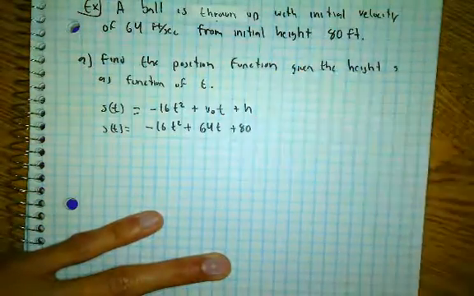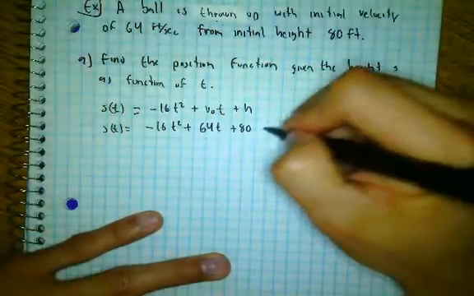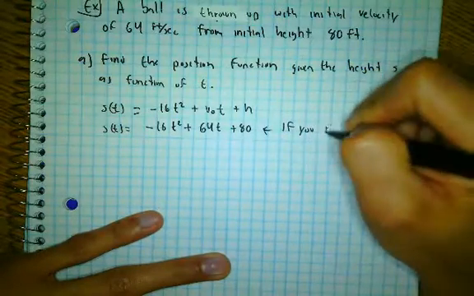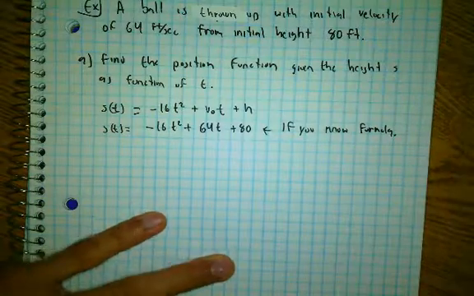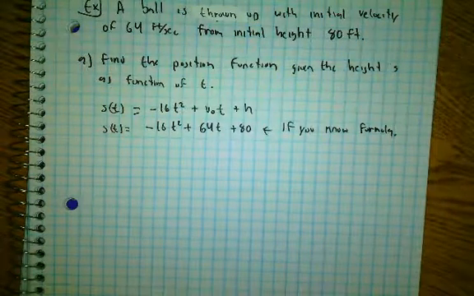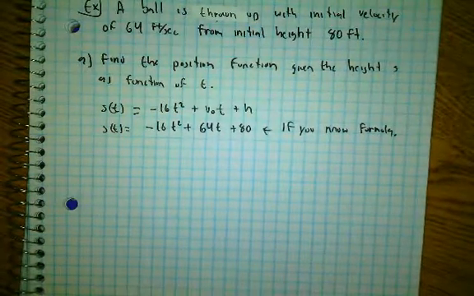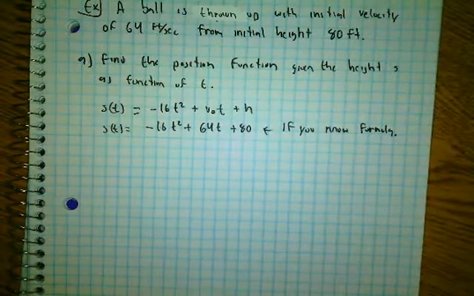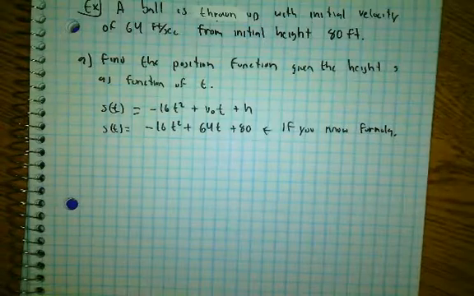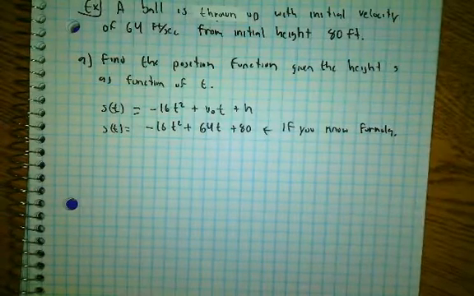Well, here's what we know. We know that the velocity is 64, and we know that the height is 80, and we're looking for the position. Agreed? So if you go back to derivatives, the first derivative gives you velocity, and the second gives you acceleration.